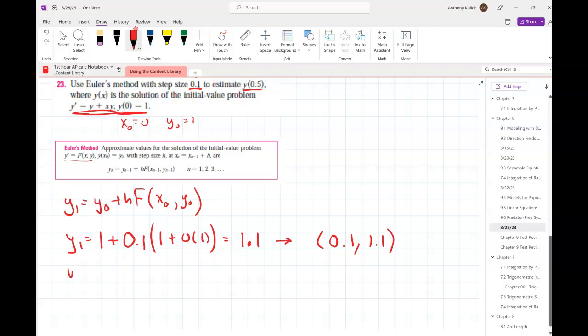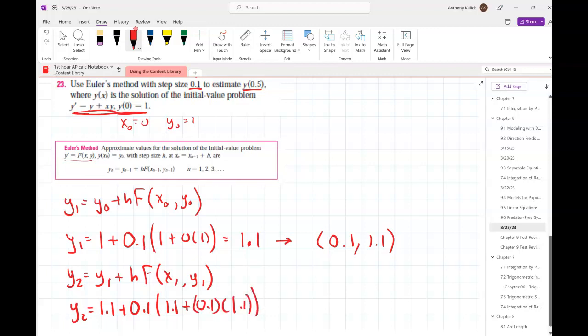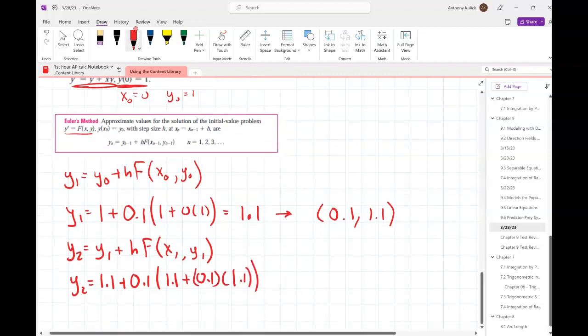So y2 is going to be then y1 plus h times f of x1, y1. So my y1 is now 1.1. My h still stays the same. I have y plus x times y, and then calculator time, and I just kind of repeat that until the end.